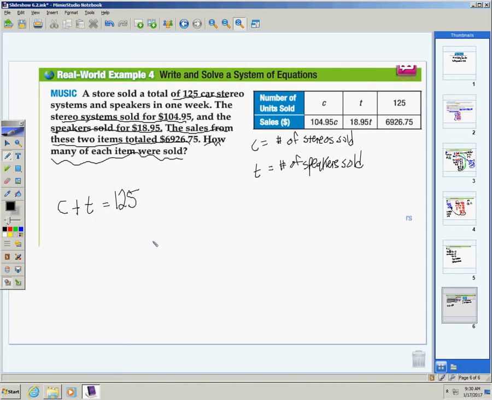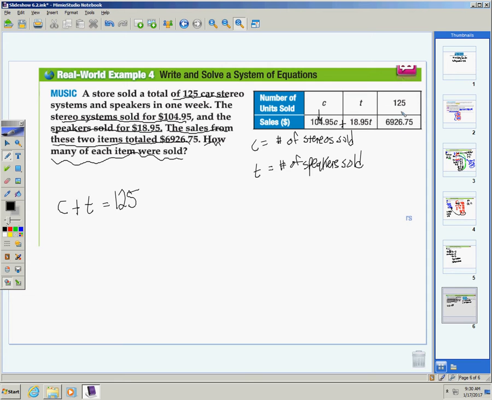And then I also know that the total sales were $6,926.75. So notice, if I take the price of the stereos times the number of stereos plus the price of the speakers times the number of speakers, I will get the total amount of sales.